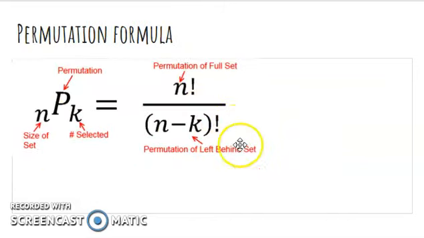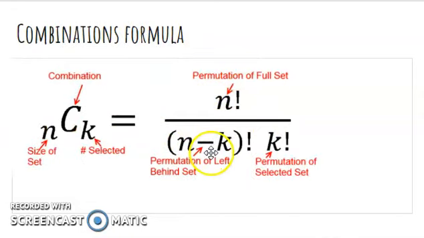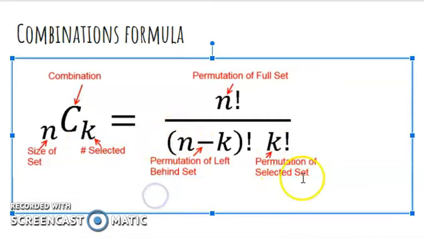So if you look here, n factorial over n minus k factorial, that's seen here, we're just adding an extra k factorial, and this accounts for the number of ways we can rearrange the k and the n so that we don't double count anything.